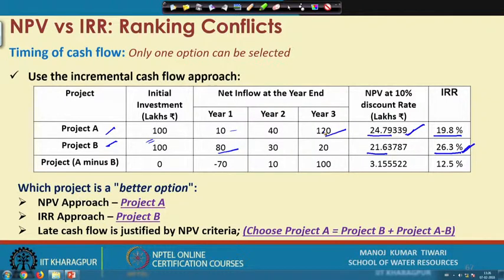These projects can be compared with a different approach as well. Let us say we have another project which is A minus B. Earlier we saw this concept with a project B minus A, which was due to the additional investment.